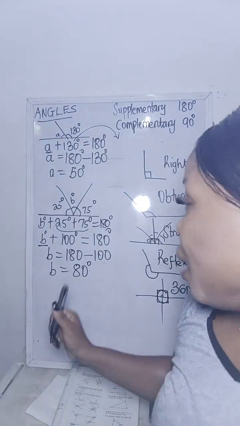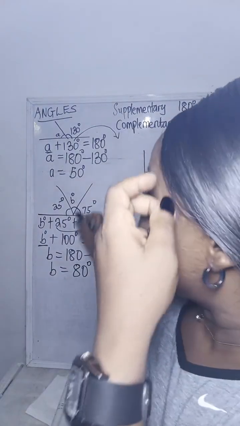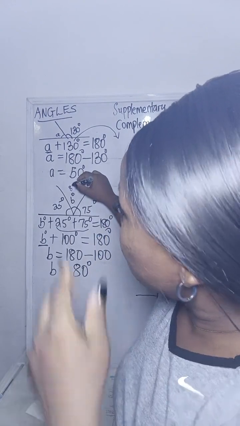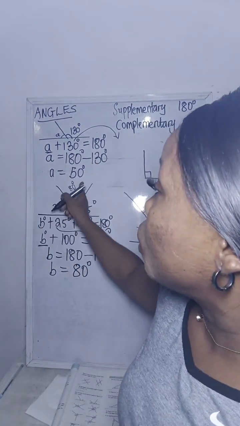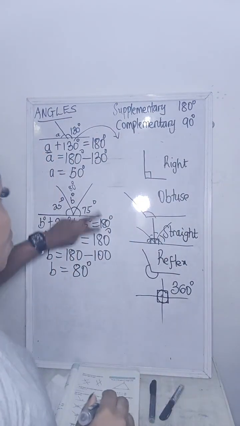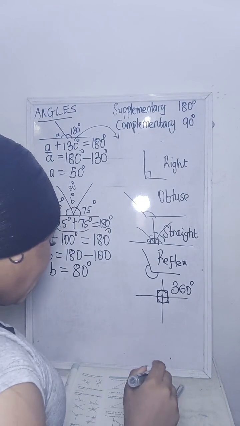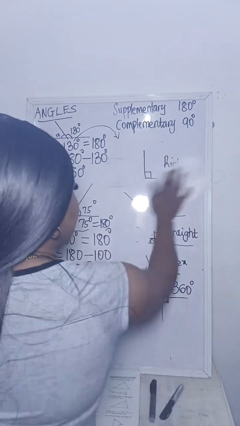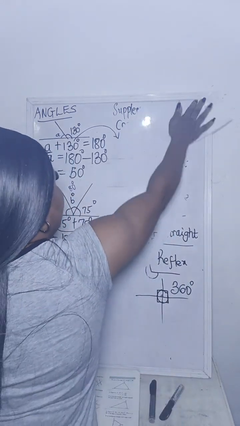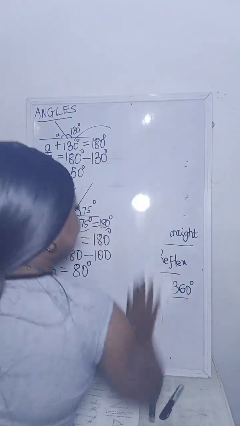Our answer is 80 degrees. And if you check, if you put 80 here, 75 plus 25 is 100, and 100 plus 80 gives 180 degrees. So the sum of angles on a straight line is 180 degrees.